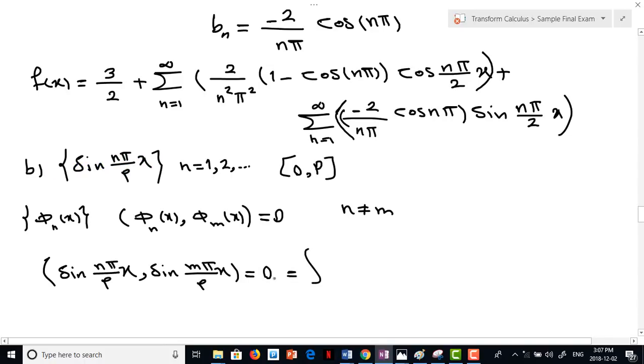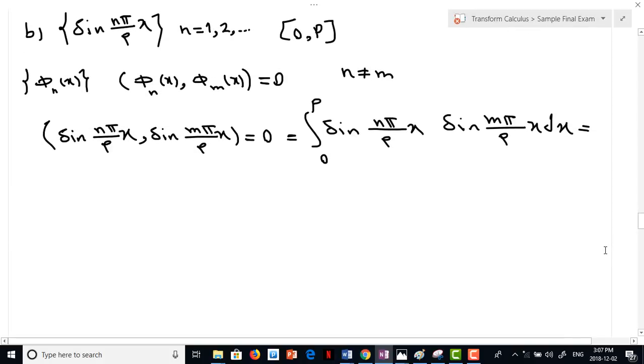The inner product is the integral from 0 to p of sine n pi over p x times sine m pi over p x dx. We have to find this integral based on trigonometric equations, which are given in the formula sheet.